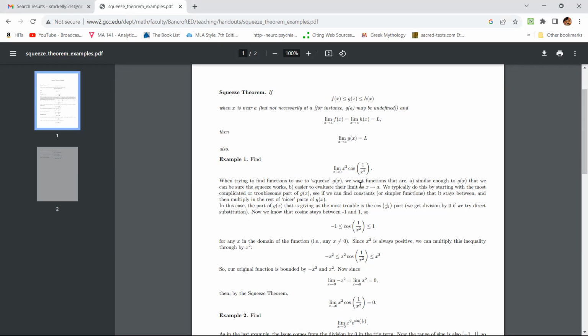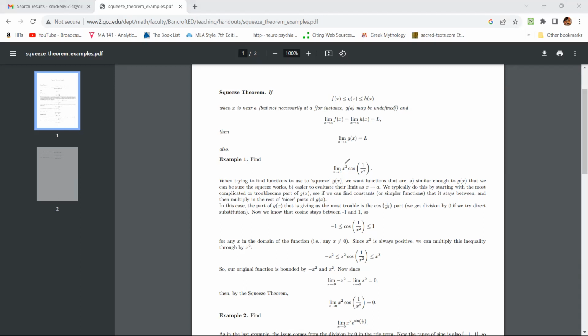So we need to find functions that are easier than the one we have, but related enough to be able to evaluate the limit of, okay? So how do we do that? Well, we typically do this by starting with the most complicated or troublesome part of g of x.